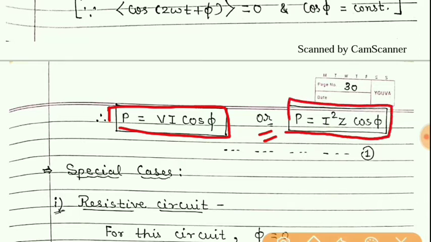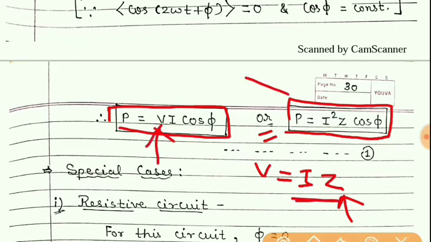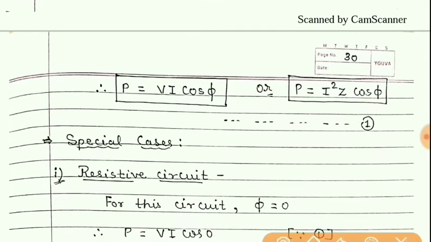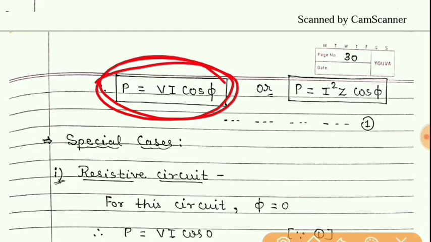Why? It is because we know that V is equal to I Z, where Z is the impedance of the circuit. So in place of V, if we put IZ, then we will get this equation. But this is more important, and it is quite easy to remember because we already know that power P is equal to V into I. Here one more term is there, which is called the power factor of the circuit.